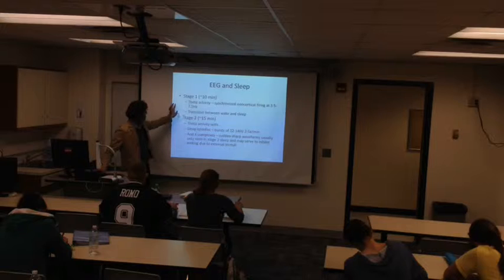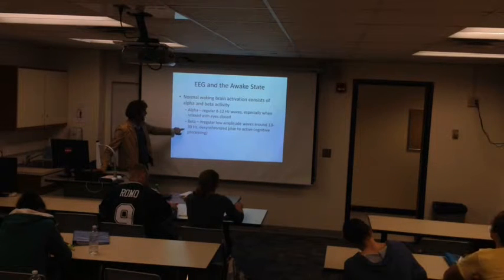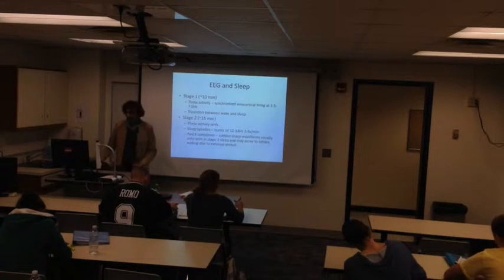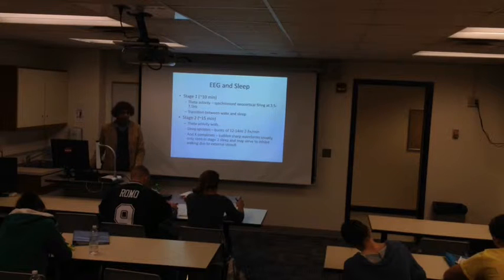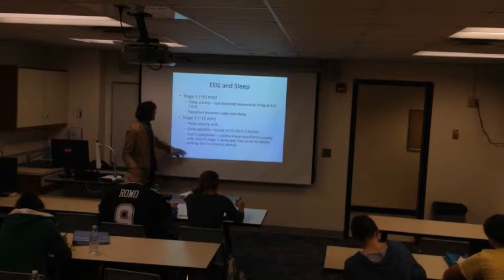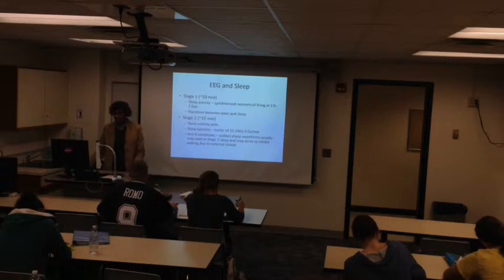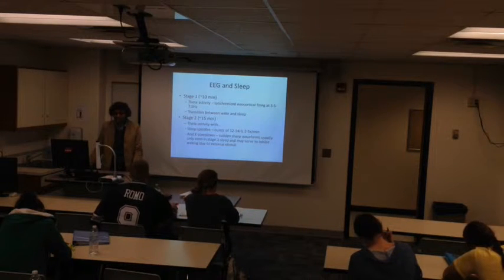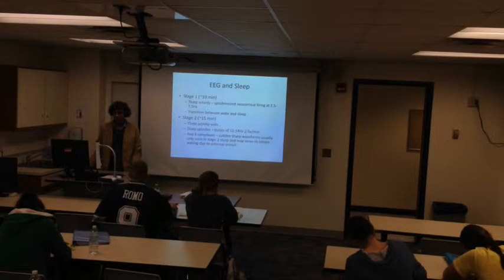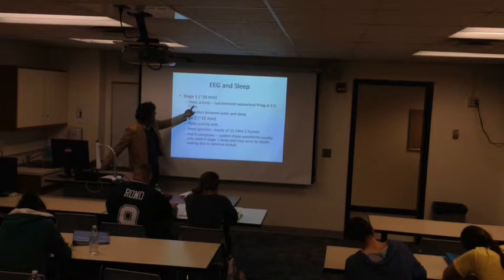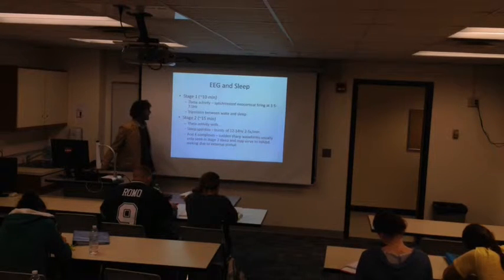With that introduction, those are waking EEG activities. Let's talk about what EEG looks like in sleep. There are 4 stages to sleep that I want to review briefly. The first stage is stage 1, and it lasts about 10 minutes from the time that you fall asleep. And the activity is called theta activity.